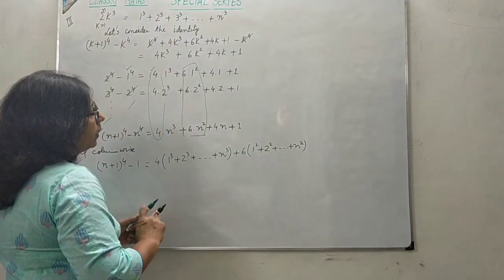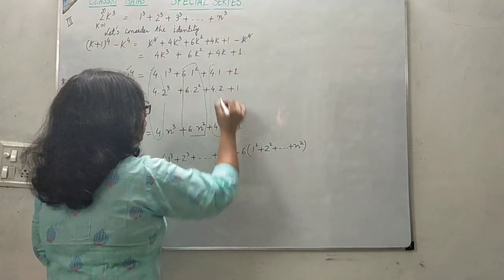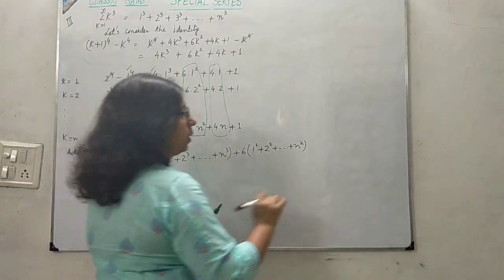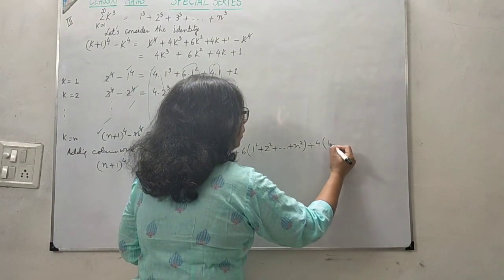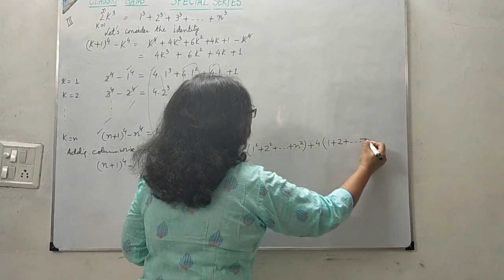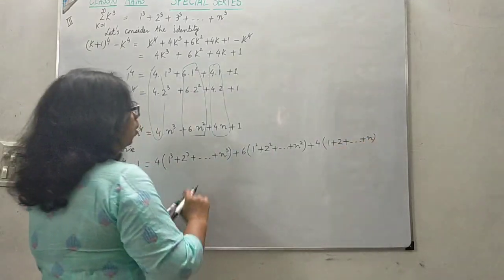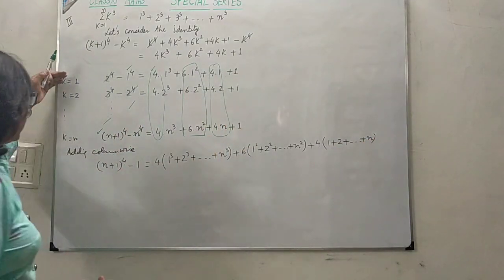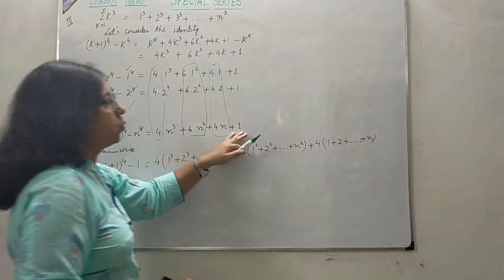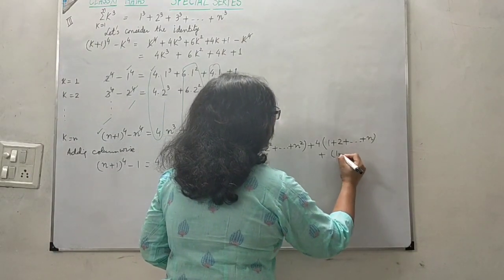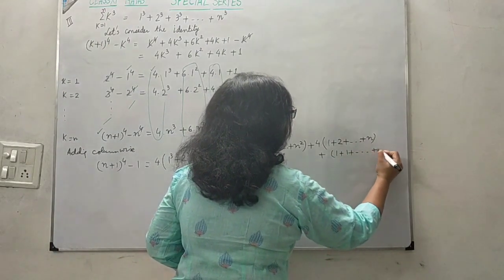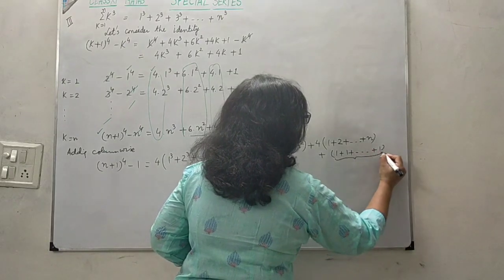And the next one we can have as 4 times 1, 4 times 2, etc. So again taking 4 common, this will become 1 plus 2 plus 3 up till n. And how many times will this last one be? Because k is running from 1 to n, this one is n times. So 1 plus 1 plus 1, how many times? This again is n times.